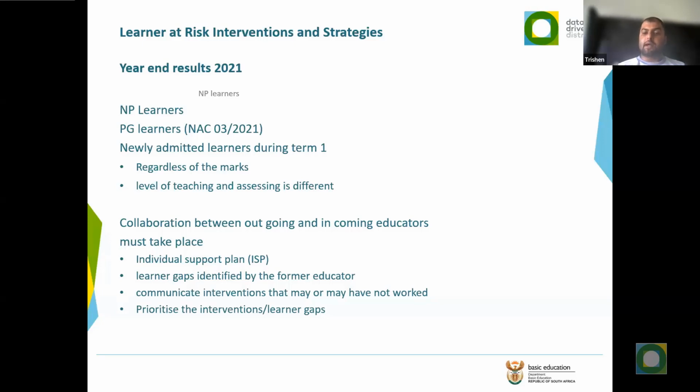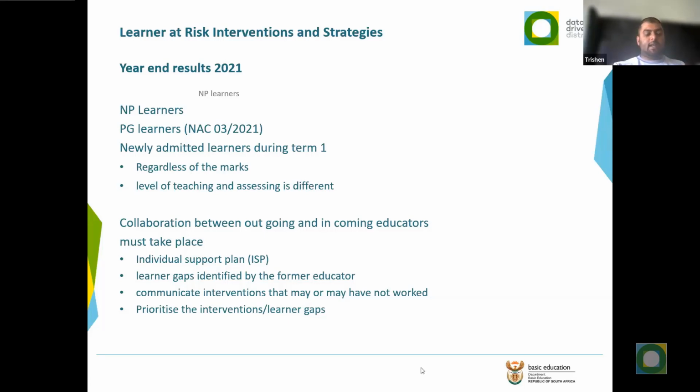And then we need to understand that this individual support plan, this ISP, is a working document. So the idea is, number one, it's not just a paper trail or done for the sake of it being done, because we know that an ISP needs to be drafted as per policy.